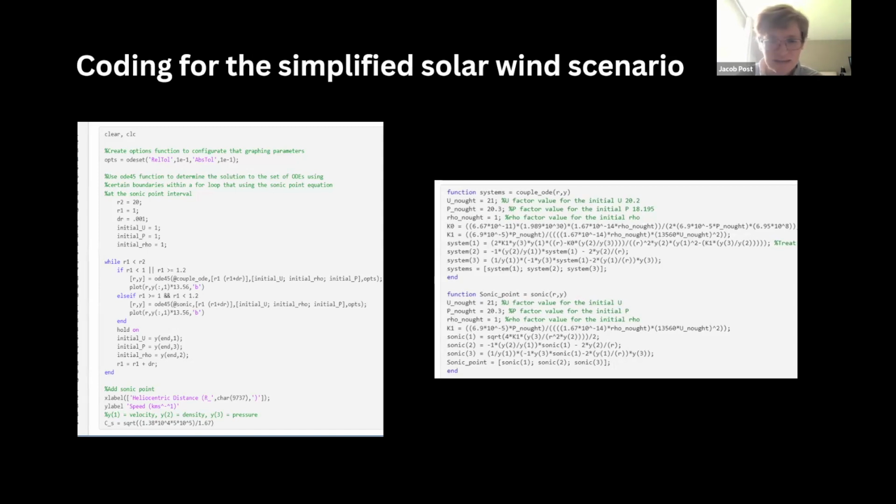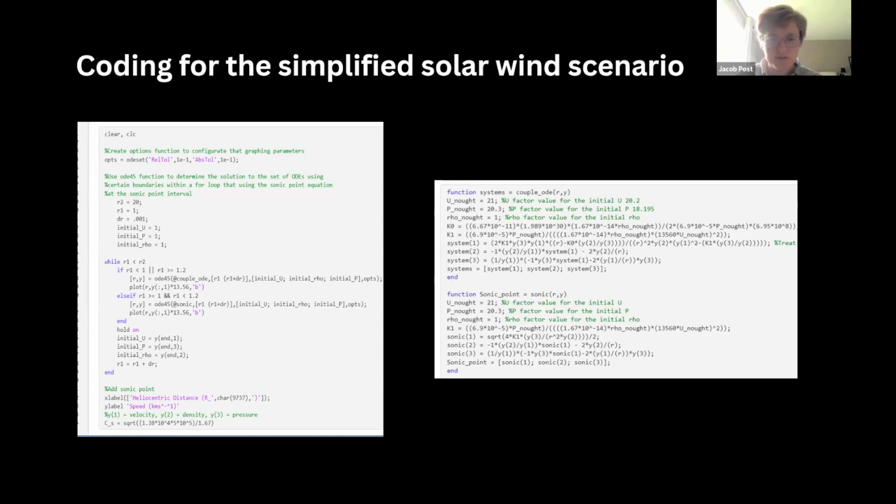And within these functions, I've included the fundamental equations, the momentum, continuity and pressure equations, as a system of ODEs. That is for the top function. And then for the bottom function, what I've done is essentially replaced the momentum equation with the sonic point equation that was found before, since the sonic point equation is essentially just a concentrated version of the momentum equation.